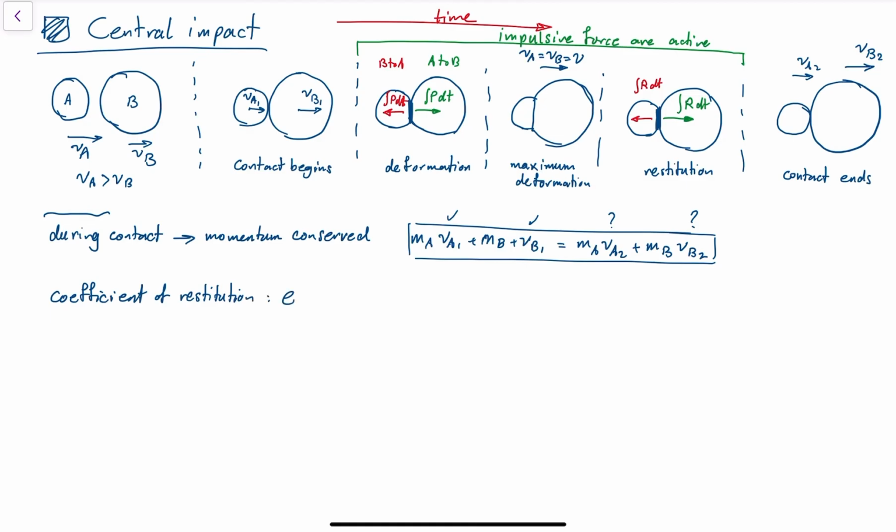We use the letter e, and that is defined as the size of this restitution impulse divided by how much you had during compression, P dt. If these two impulses are the same, it essentially means that whatever you put in during compression, you get back during restitution.